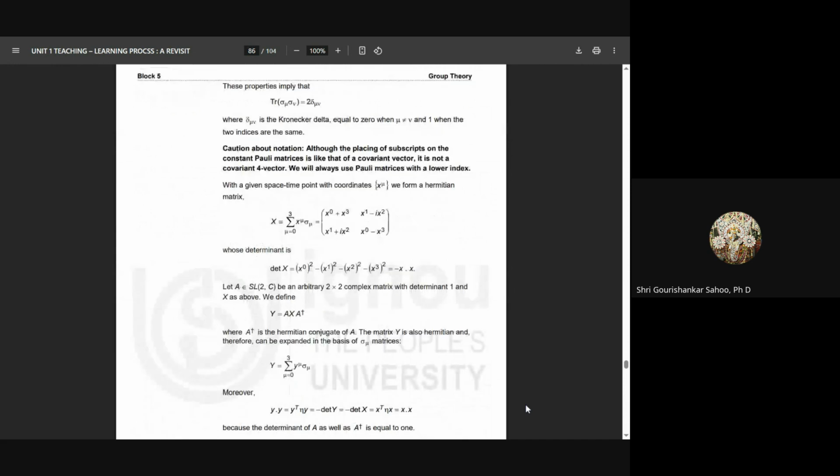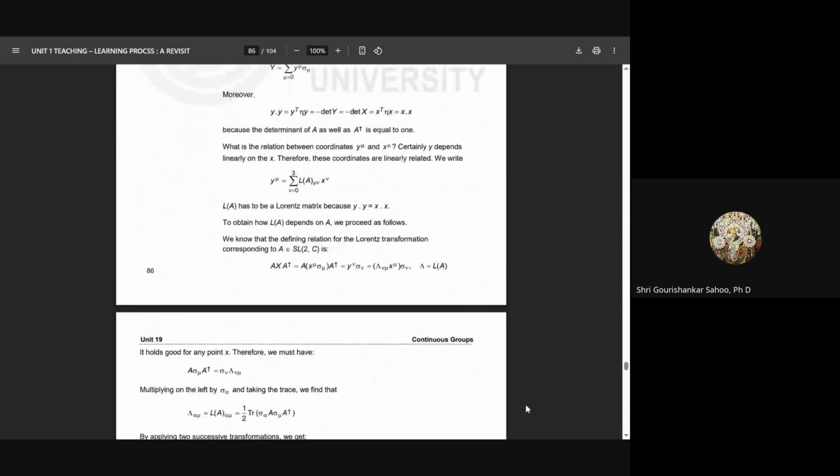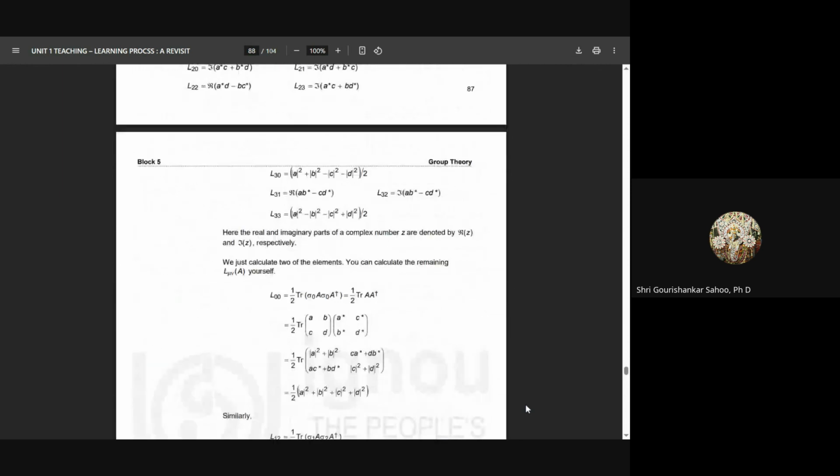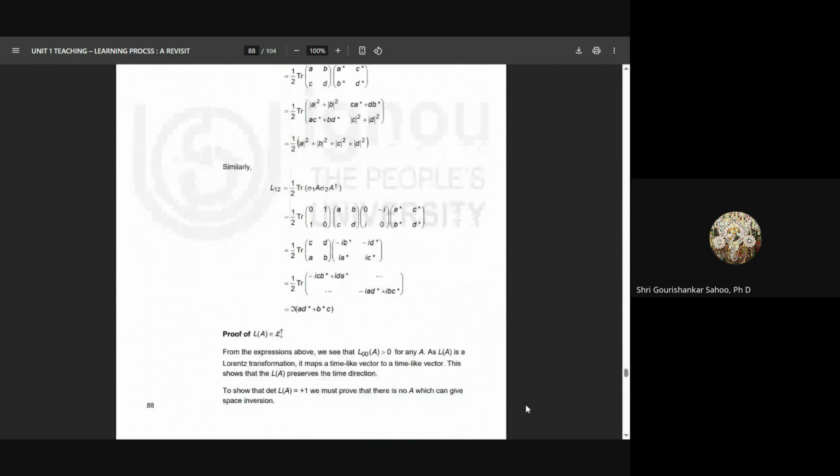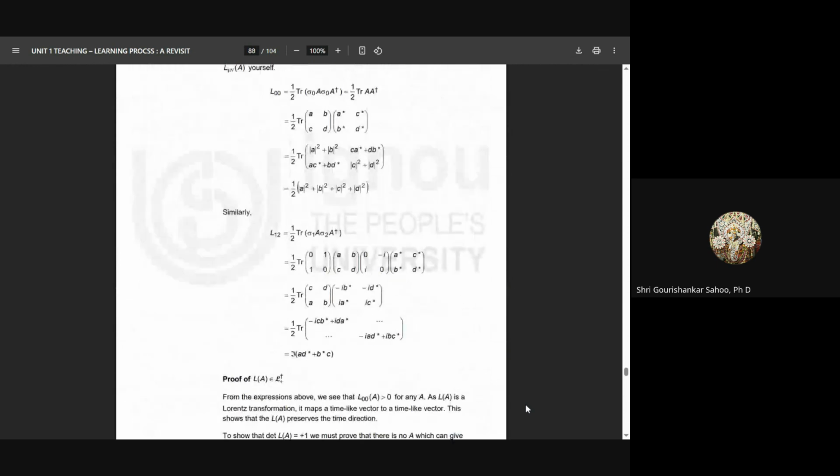Although the placing of subscripts on the constant Pauli matrix is like that of a covariant vector, it is not a covariant 4-vector. So you will always use the Pauli matrix with a lower index.